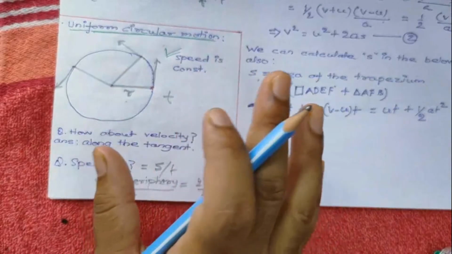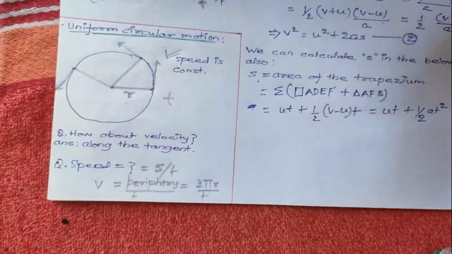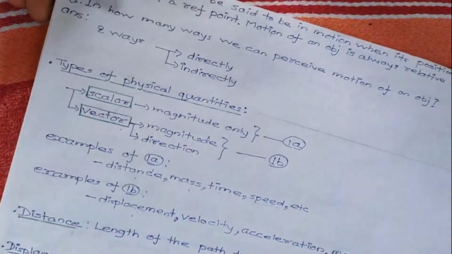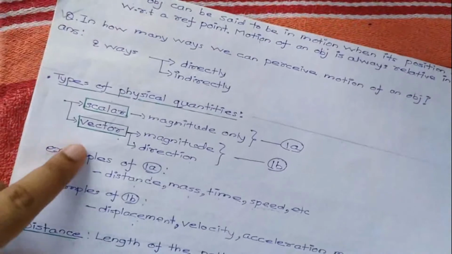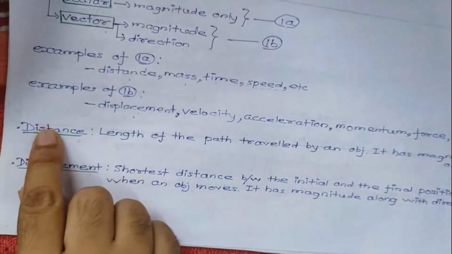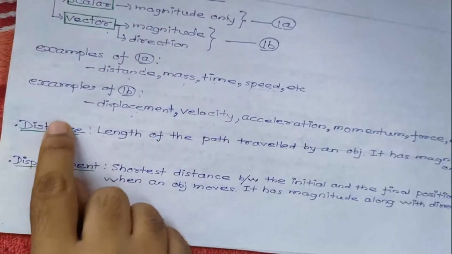So now we are done with the theory part. We have covered theory in detail. We know motion. We have discussed scalar and vector quantities in detail. We have studied the physical quantities also. We have studied distance, displacement. Now we know the difference between distance and displacement.